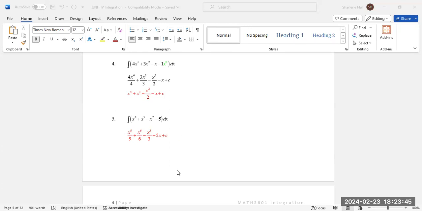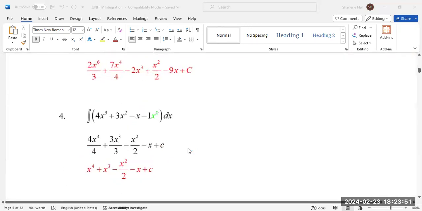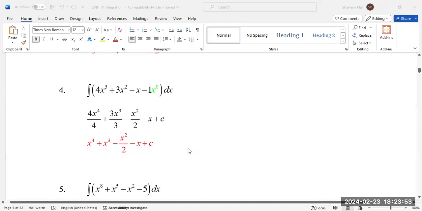So we have 4x cubed plus 3x squared minus x minus 1. I want to put x to the 0 there for emphasis. I have minus 1.